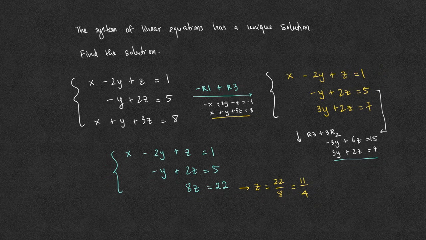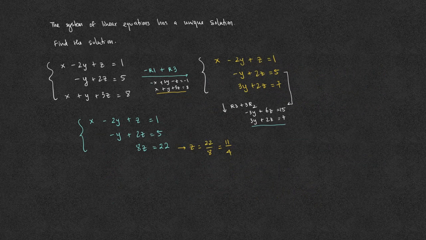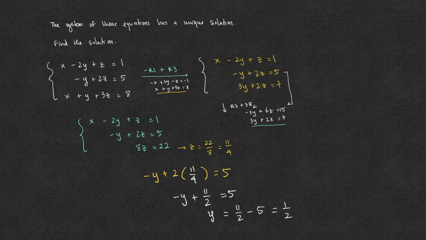And then we perform another back substitution where the second equation, the second row, states that negative y plus 2z equals 5. But z is 11 over 4. So this is negative y plus 11 over 2 equals 5. y equals 11 over 2 minus 5, which is 1 over 2.